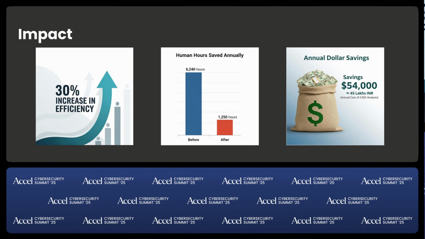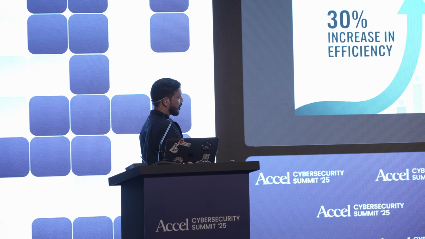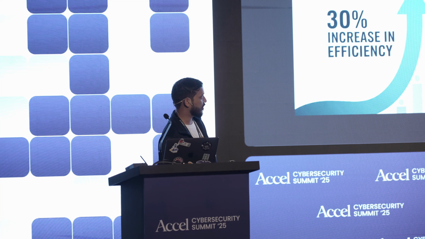So, in the interest of time, I'll not take much time. These are just for the reference that we have collected internally, how much efficiency we have received after deploying these LLMs. So mainly reducing the human powers. You can see the graph. There's a drastic change in the hourly hours saved, right?